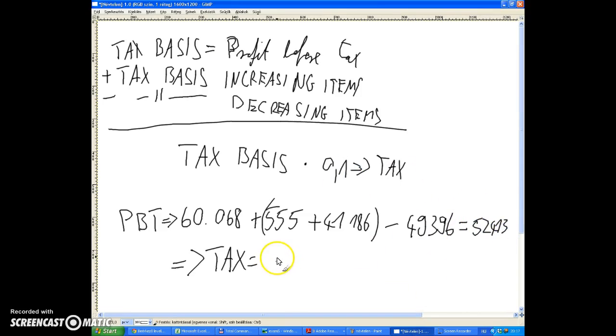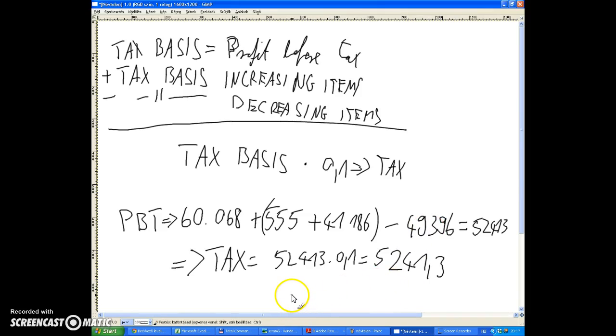So we have to multiply it by 0.1, and this is the tax payable by this company. Okay, this is how much the company must pay in taxes.